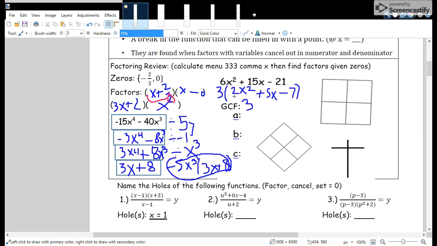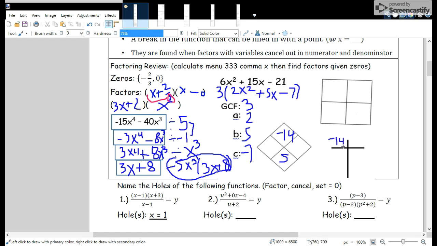Now we can identify A, B, and C. A is 2, B is 5, and C is negative 7. So from here, we can write A times C up here, which is negative 14, and B, which is 5, down here. We're going to find two numbers that multiply to negative 14 and add to 5.